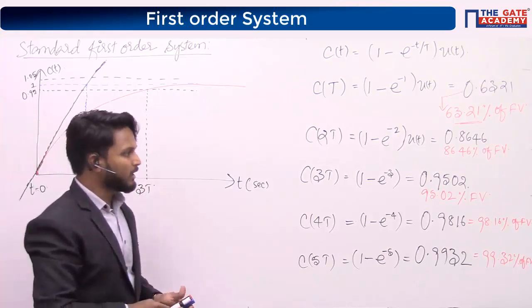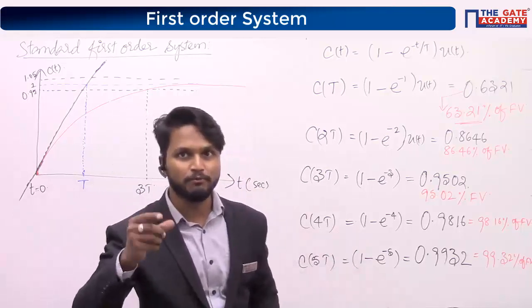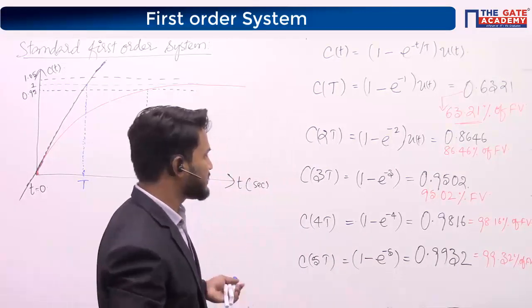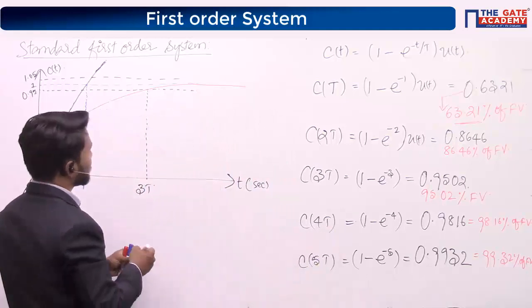Right? Similarly, the time taken by the response to enter the plus or minus 2% of final value band, how much is it? That is 4 times the time constant.